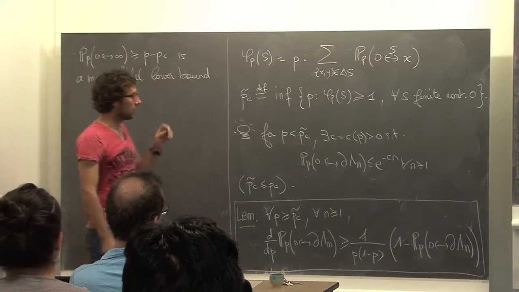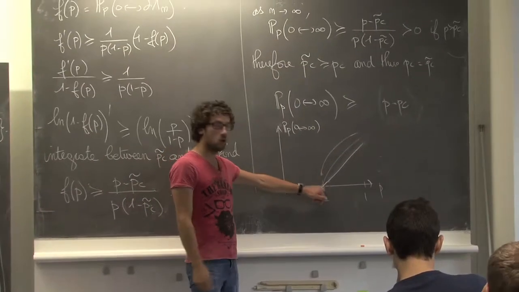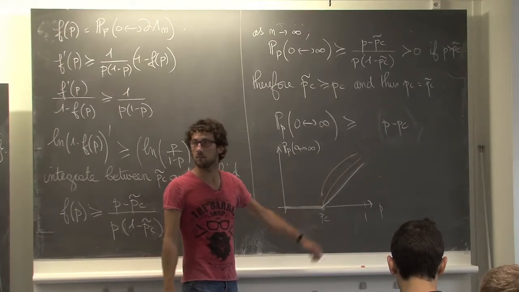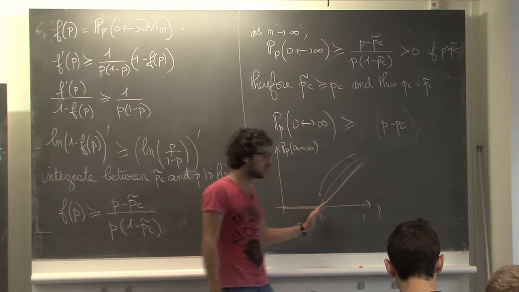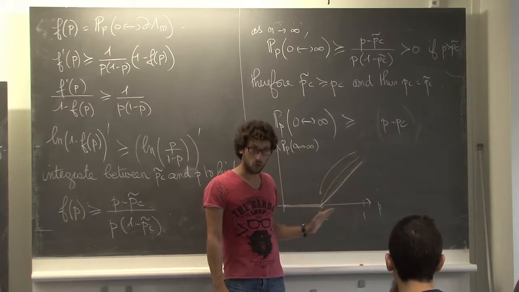And the reason for calling it like that is that, in fact, if you look on a tree, that's a nice exercise, try to study percolation on a tree, you're going to see that it blows up exactly like p minus pc times a constant on the tree.